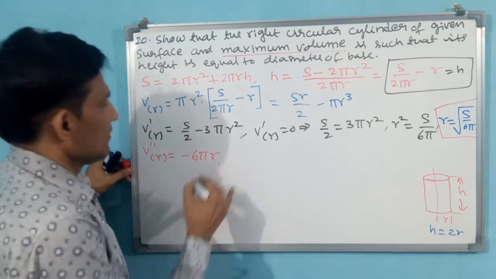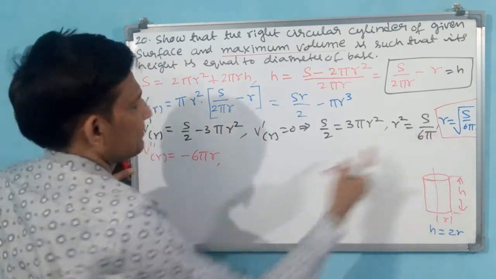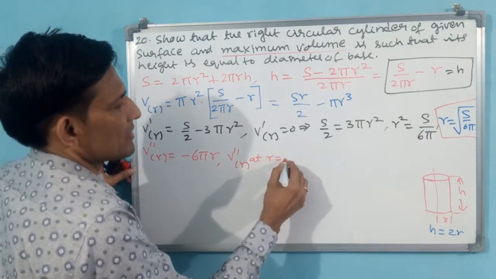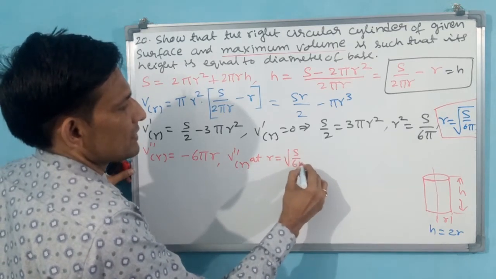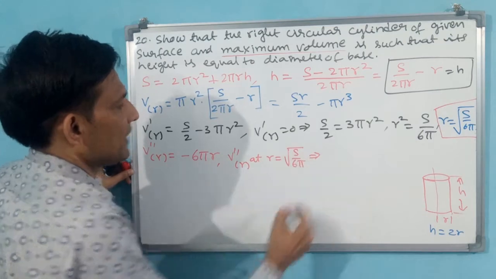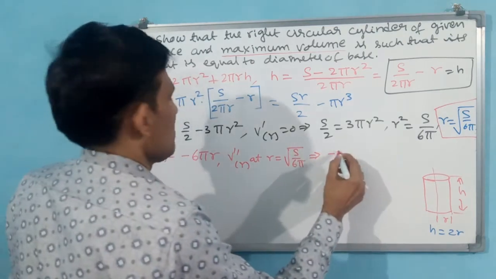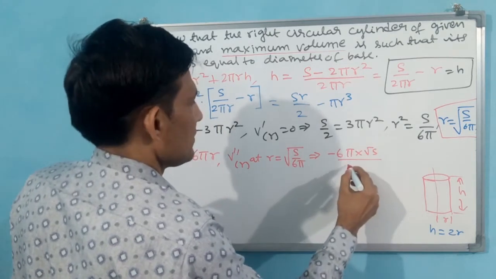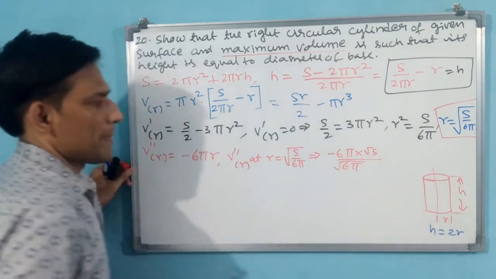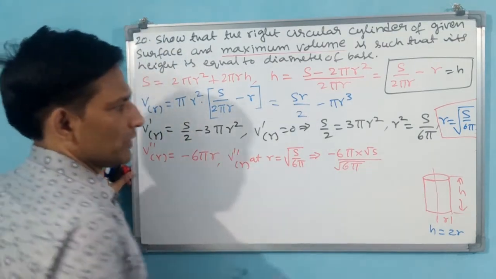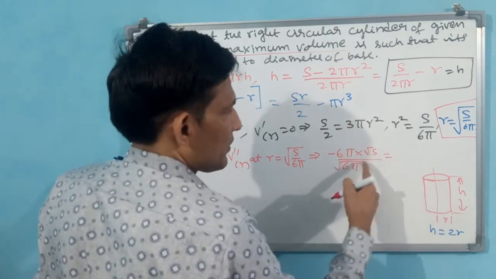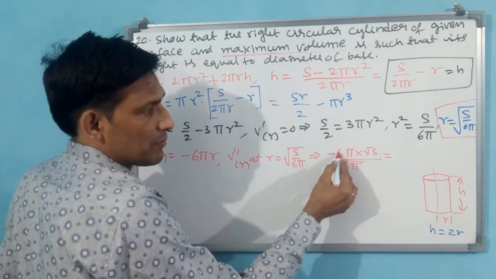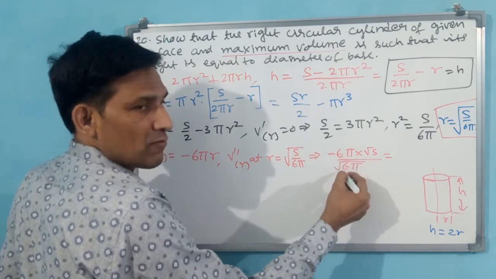Now substitute r. V double dash r at r equal to square root of s by 6 pi implies minus 6 pi into root s divided by root 6 pi. I have split it. Here you see 6 pi and root 6 pi; you can split it to root 6 pi, then one root 6 pi is going to get cancelled.